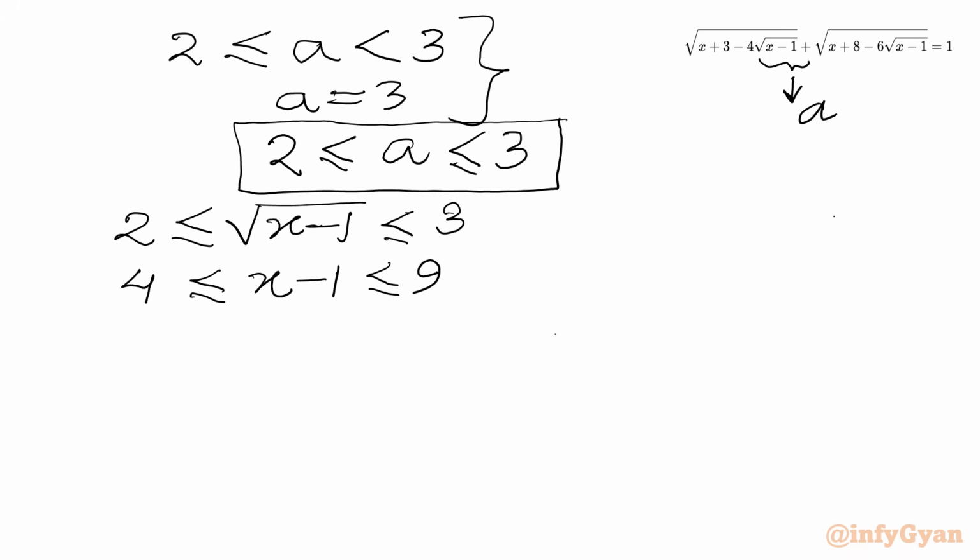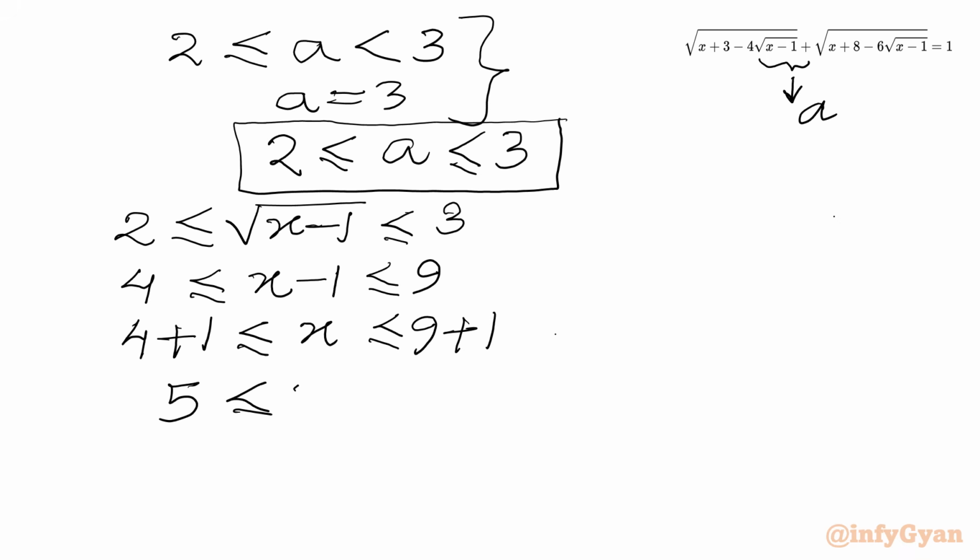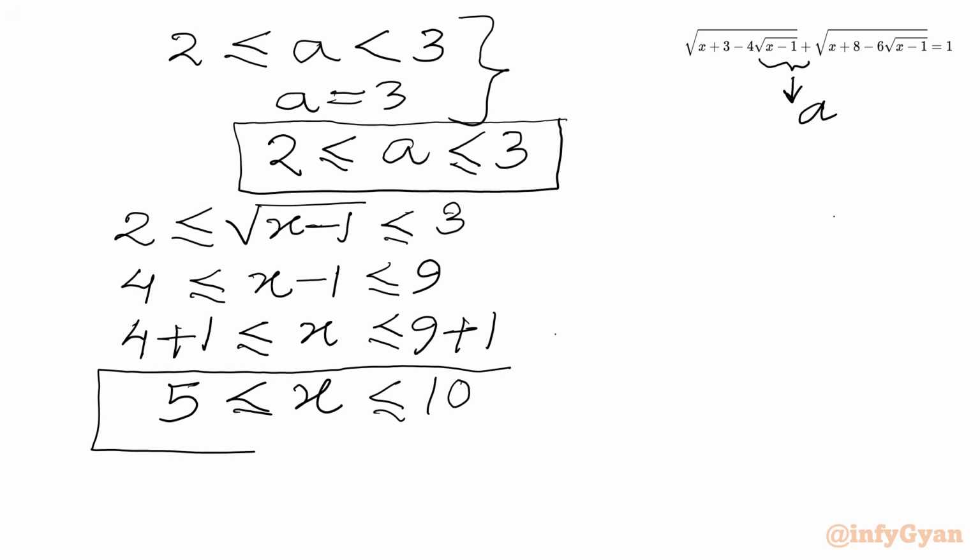Now we will add 1 to this inequality. So 4 plus 1 less than or equal to x minus 1 plus 1, less than or equal to 9 plus 1, which will give us x greater than or equal to 5 and less than or equal to 10. So we have one interval solution. It is from 5 to 10, endpoints included.